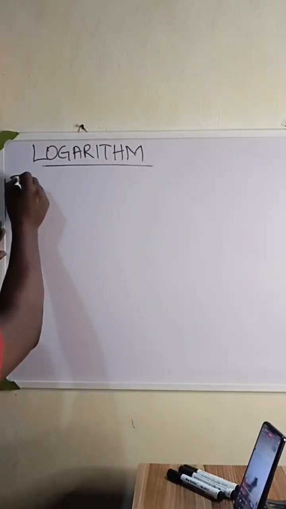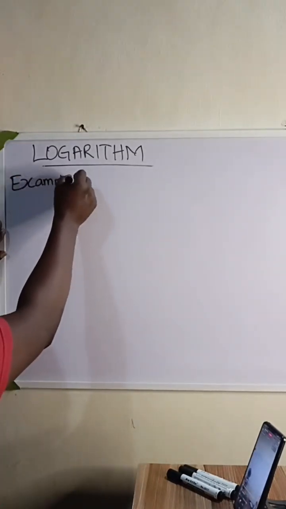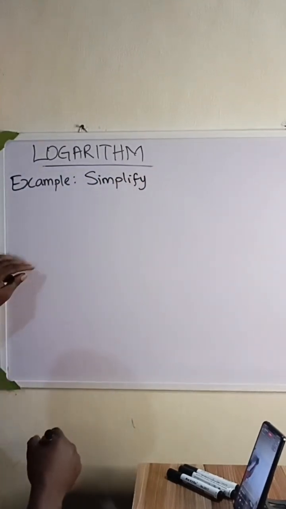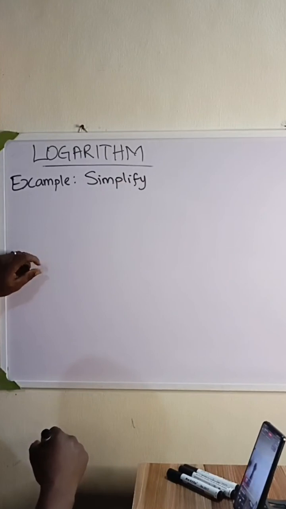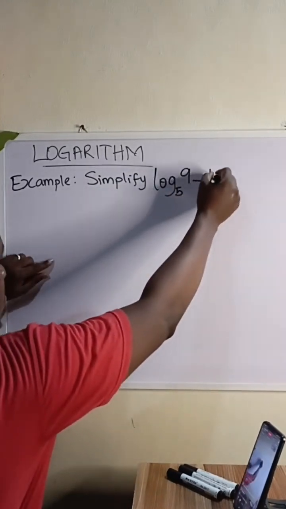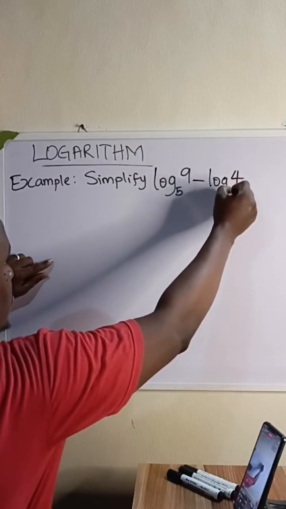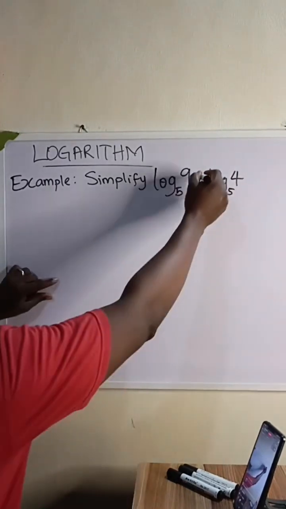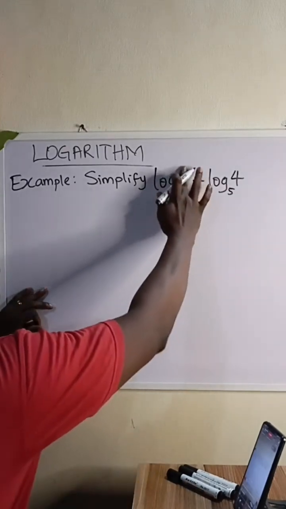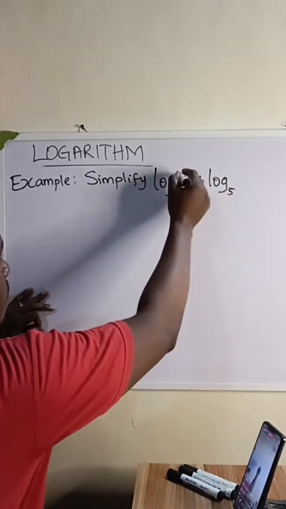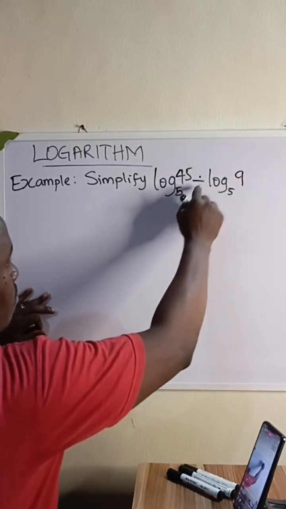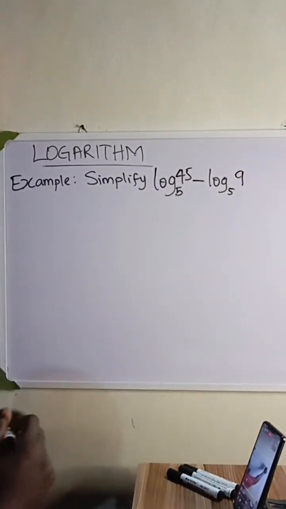Example. Sorry, I made a mistake. This is a subtraction, sorry.